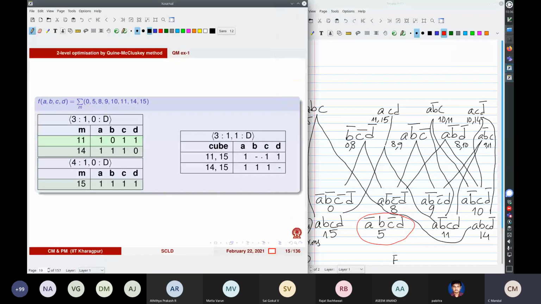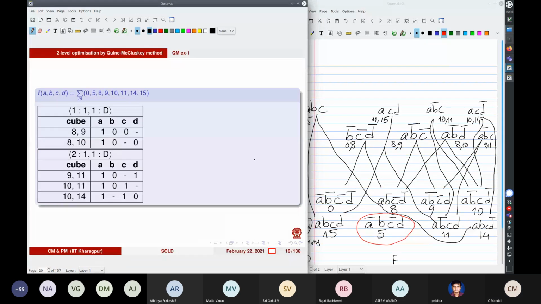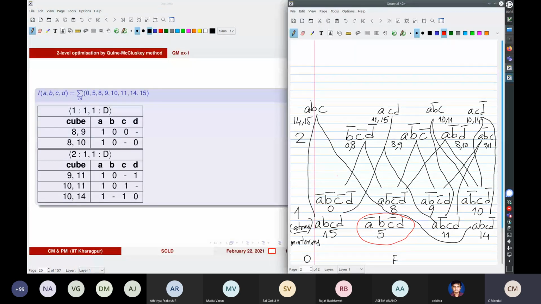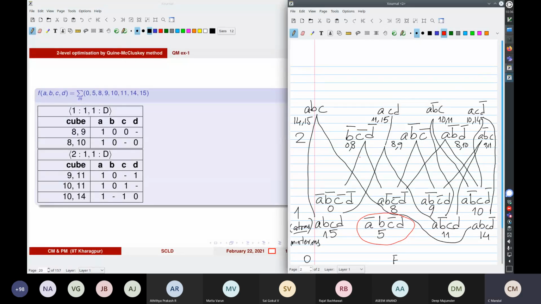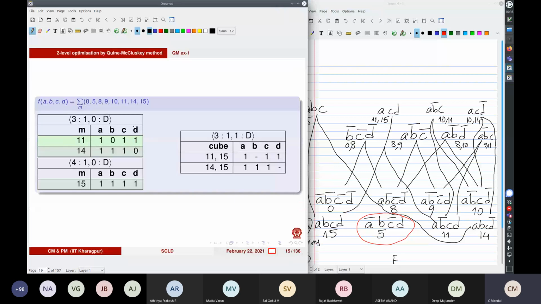All right. So now we'll try to repeat the exercise at this level. We have completed with level 1. So here also we have this classification. In level 0, you had 0 number of don't cares.